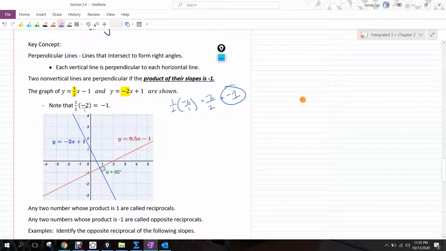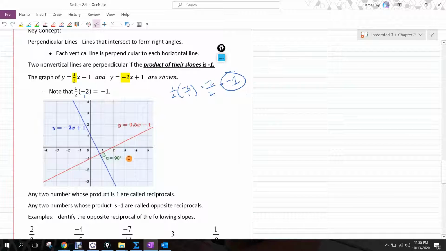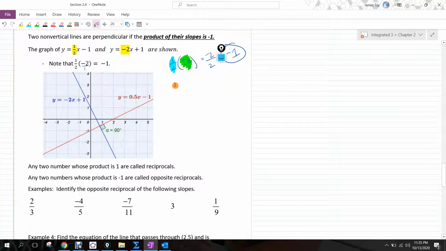Now the one thing to talk about is we also use the visual recognition of whether lines are perpendicular, based on how this number here relates to that number. If you think about it, all they are is a flipped fraction, which we talked about as reciprocals.